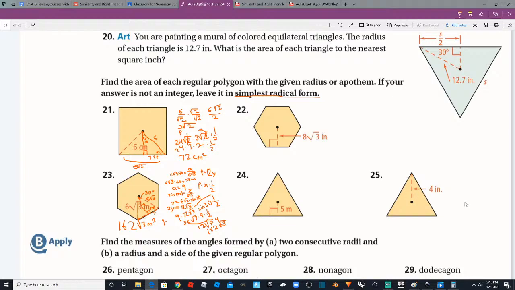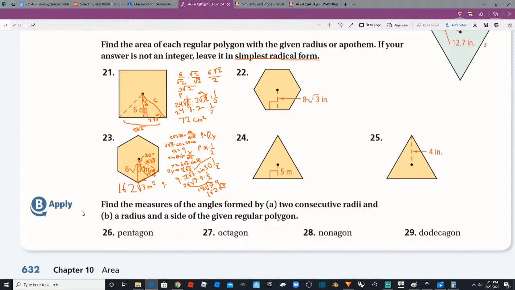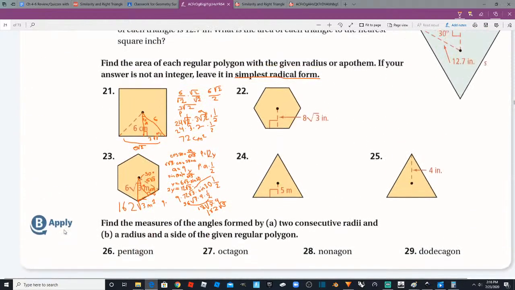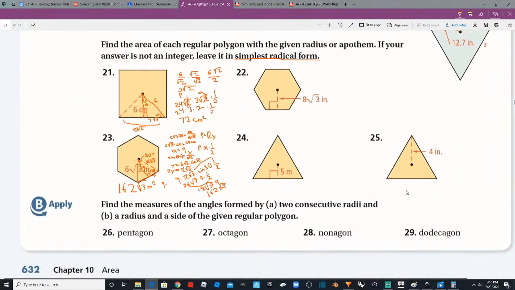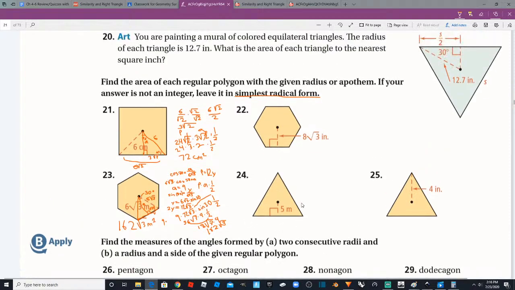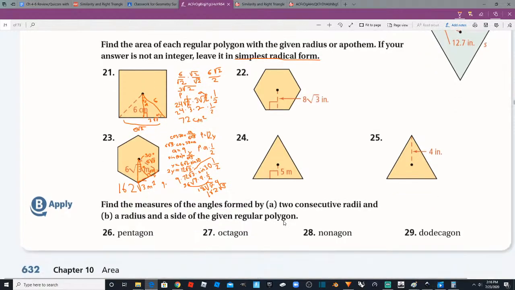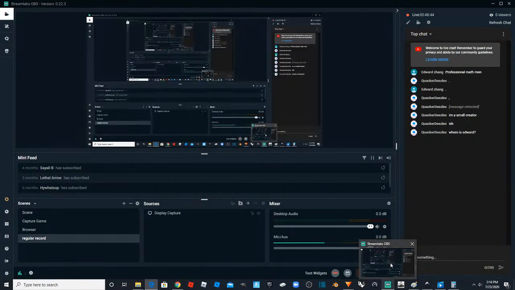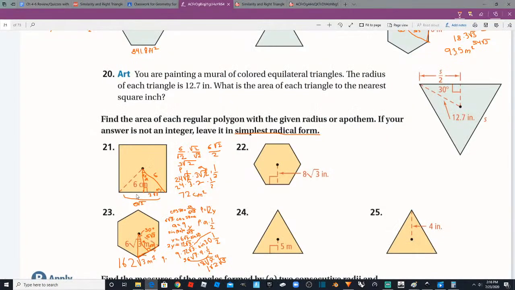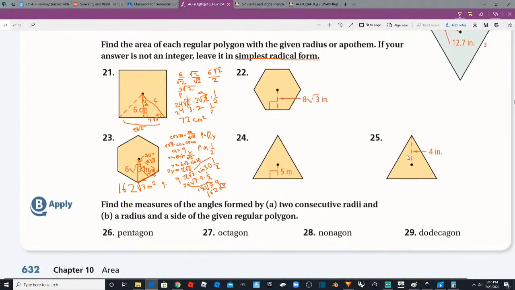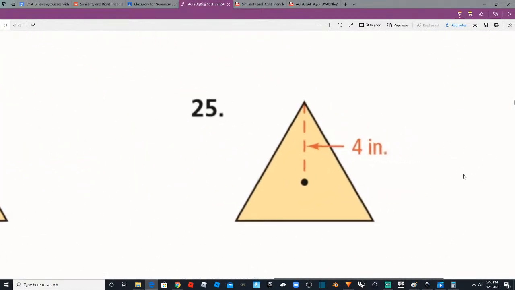If this was a pentagon, octagon, nonagon, or other odd ones, actually any ones that don't give us 60, 30, or 45, we can only leave this in simplest radical form if it's a hexagon, square, or triangle, or some other shape. So you have to really think about that one.